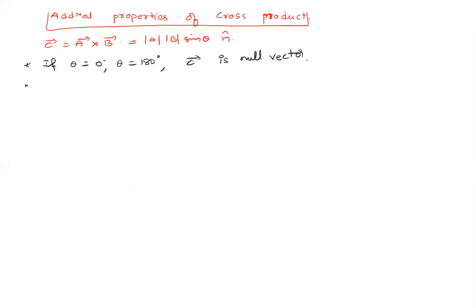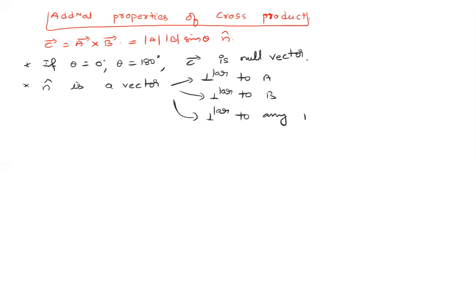And remember, n cap is a vector which is perpendicular to a, perpendicular to b, and perpendicular to any vector in the plane containing a and b.